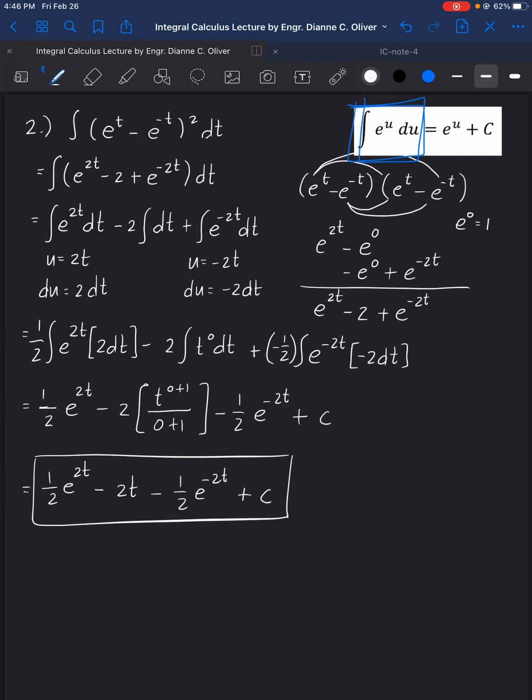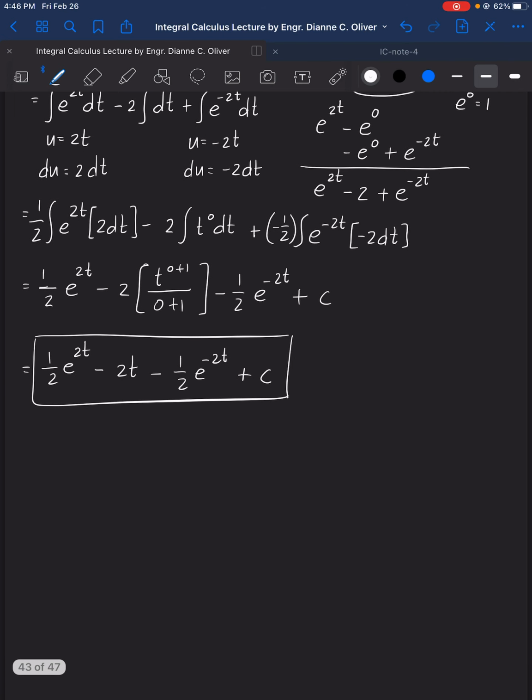So that is now the answer. Now for checking, by differentiating, we have here d over dt of 1/2 e raised to 2t minus 1/2 e raised to negative 2t plus c.